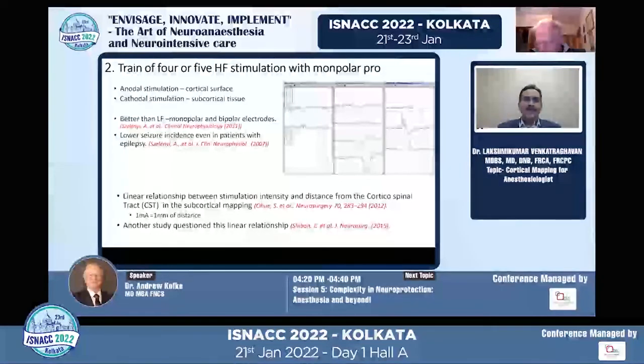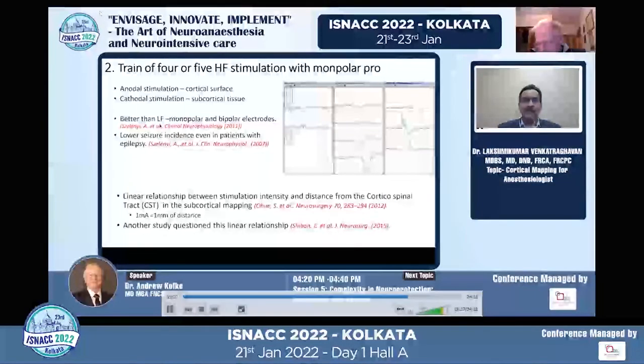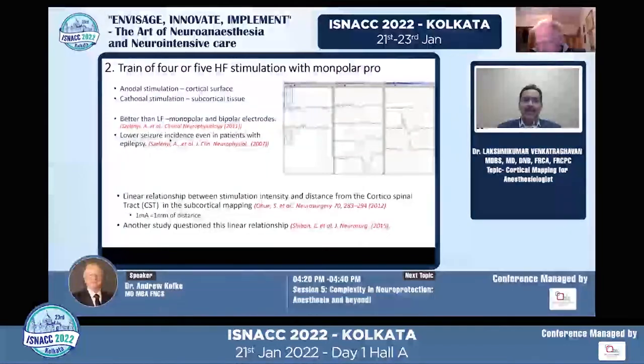Studies have shown that high frequency stimulation is better than low frequency stimulation, as well as having lower seizure incidence, even in a patient with epilepsy. Another important concept is that, especially using high frequency stimulation for subcortical tissue, studies have shown there is a linear relationship between the stimulation intensity, for example milliamperes, and the distance from the corticospinal tract in the subcortical mapping.